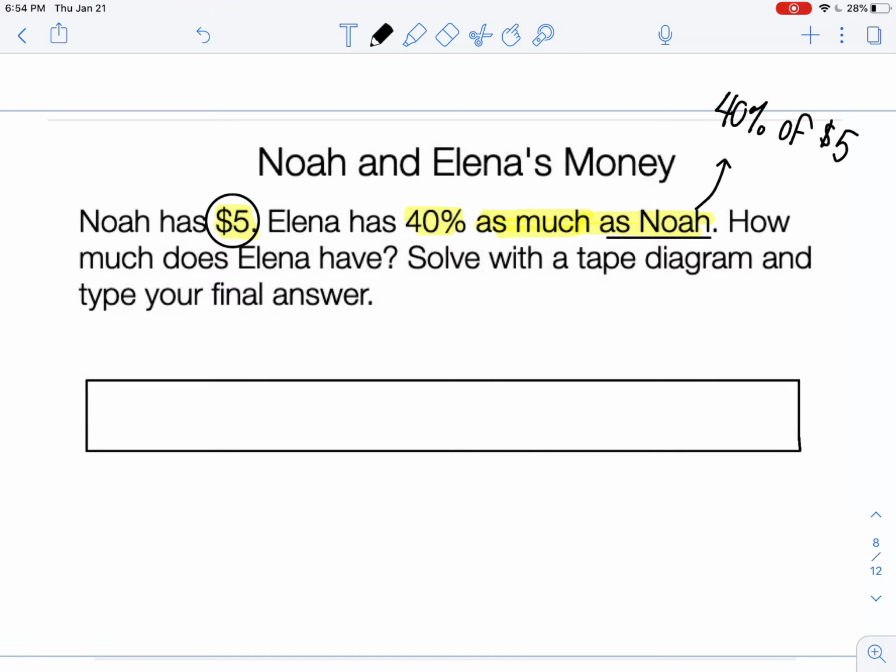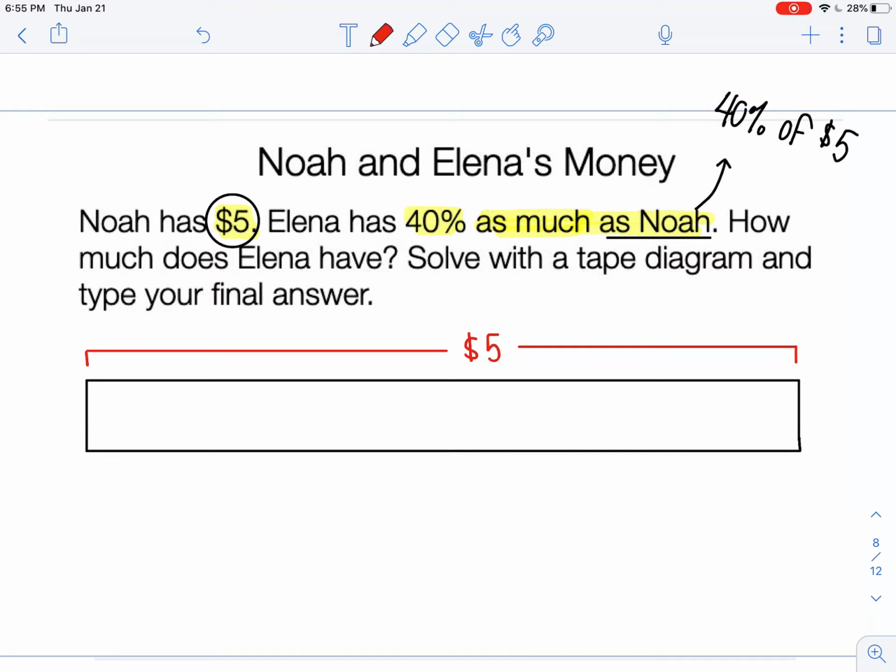So we know that the total, the whole, what we're looking for the percentage of, is $5. So this entire tape diagram all together, which represents 100%, of course, is $5. And we're looking for 40% of $5.